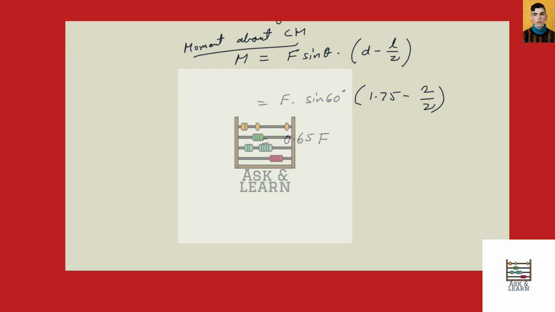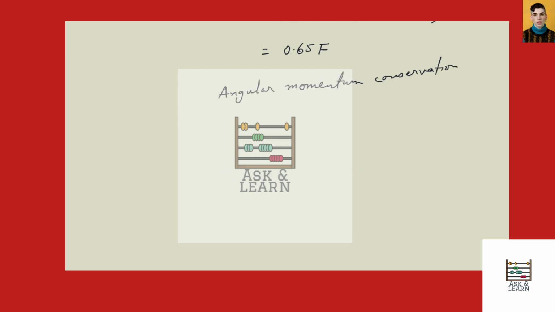Now what you can have from here is if you just conserve the angular momentum. Here I R omega 1 is the initial angular momentum. Now there will be the application of moment, integral of M dt from 0 to t.